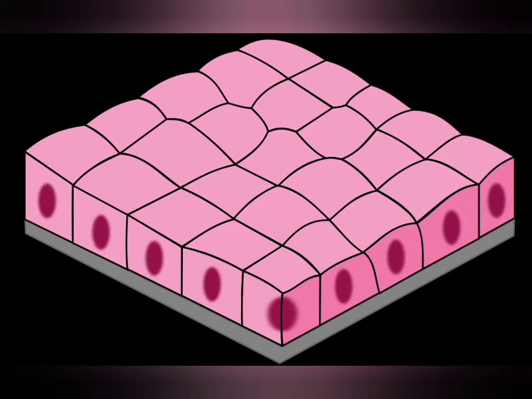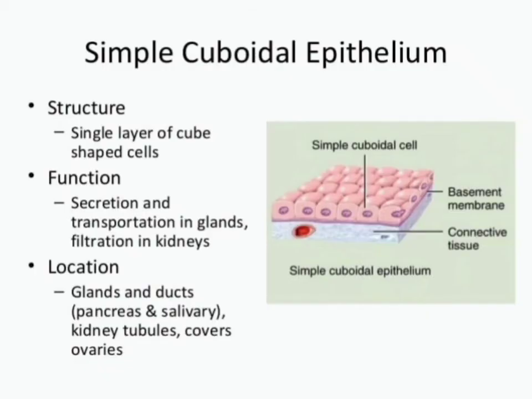So we can say the structure is a single layer of cube-shaped cells. Function: secretion and transportation in glands, filtration in kidneys. And what about the location? Glands and ducts like pancreas and salivary glands, kidney tubules, and it covers the ovarian structures. So this is all about the cuboidal epithelium.